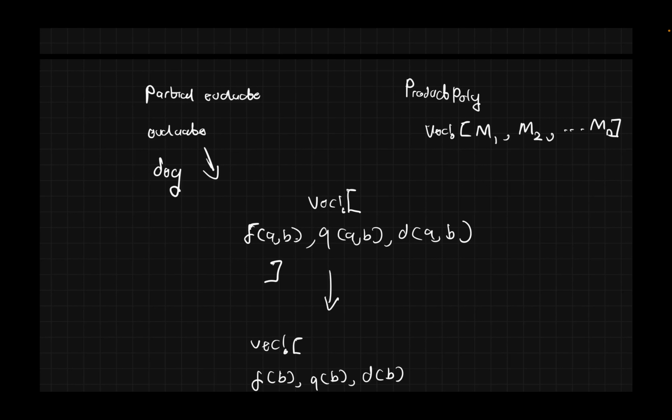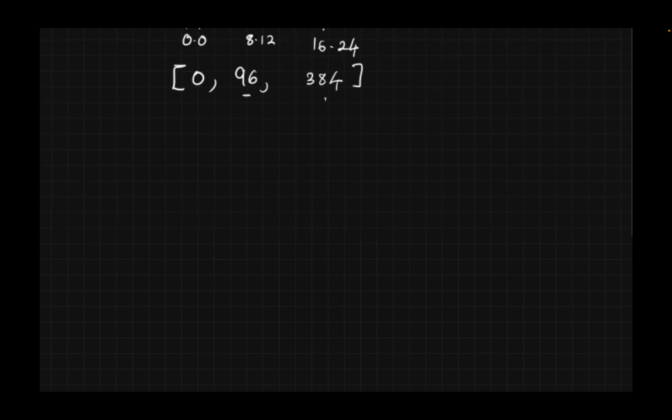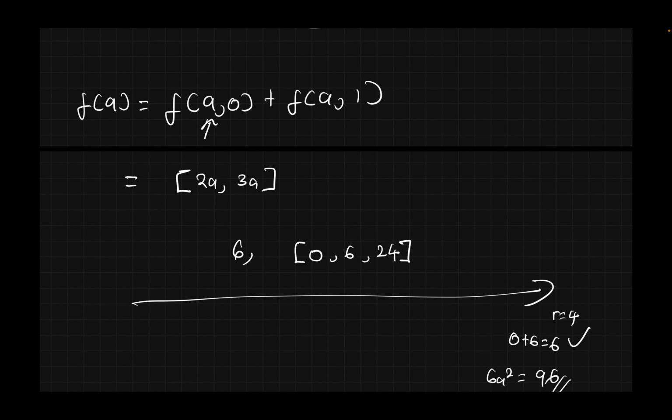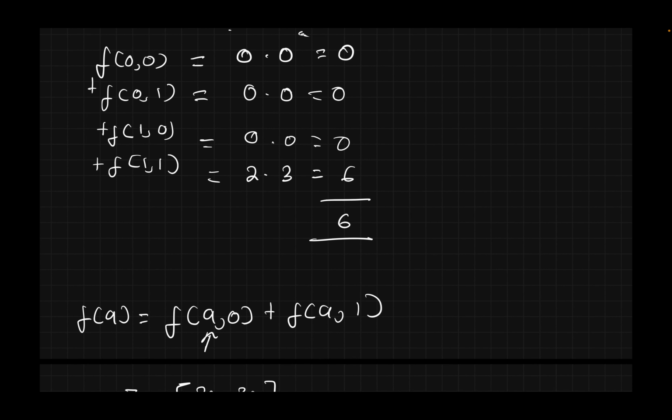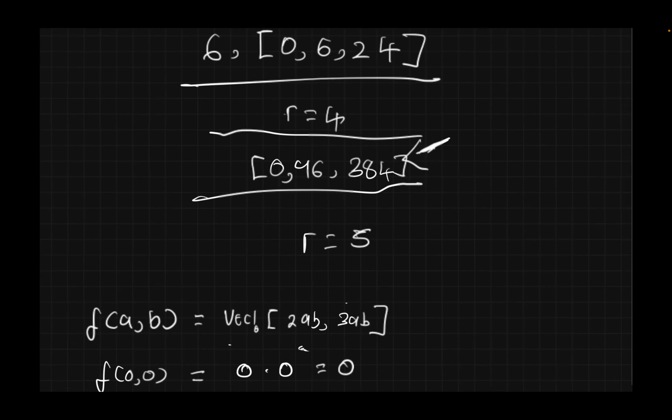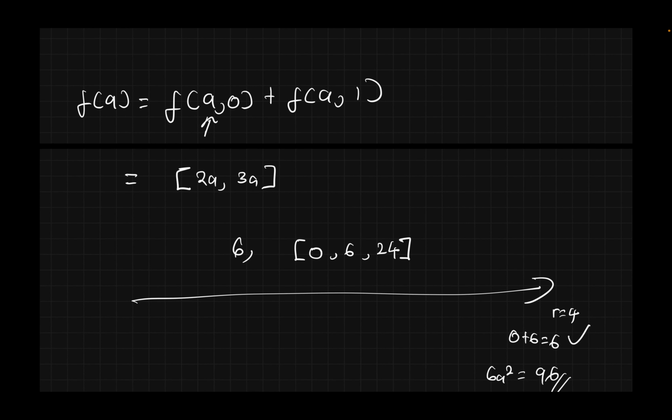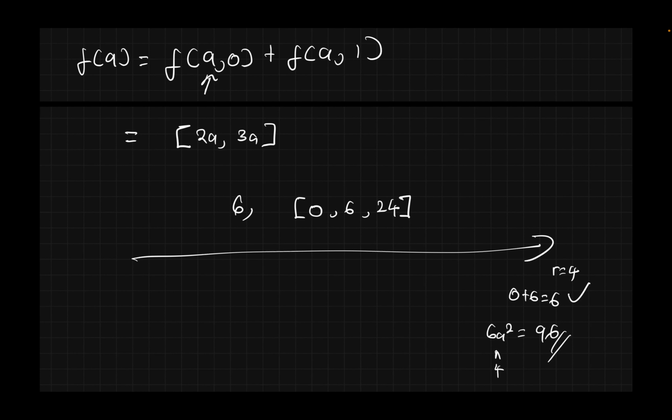In your example you were sending the 6 and 0 6 2 4. 6 is the initial claim, and 0 6 2 4 is the first round poly.